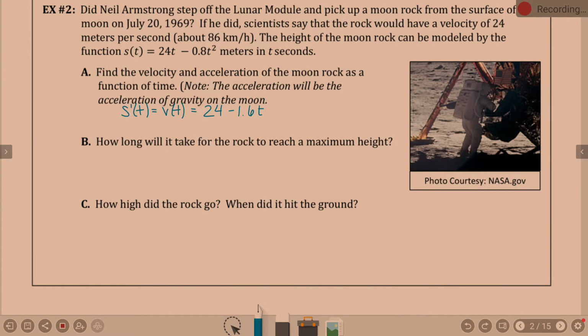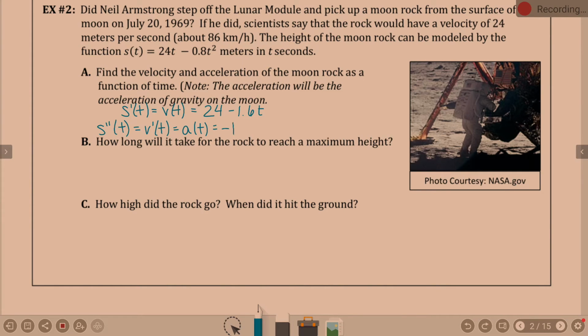That is velocity. What about acceleration? It's the second derivative of position, or the first derivative of velocity. And what is that there?